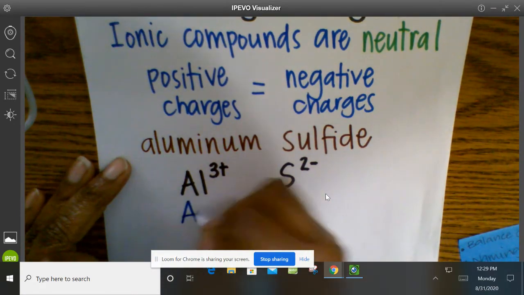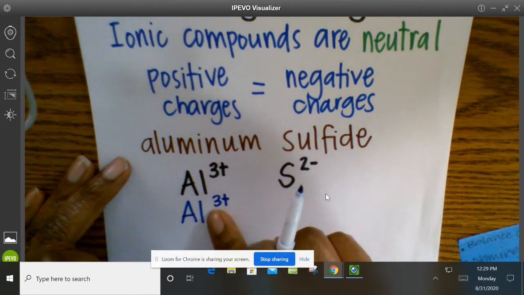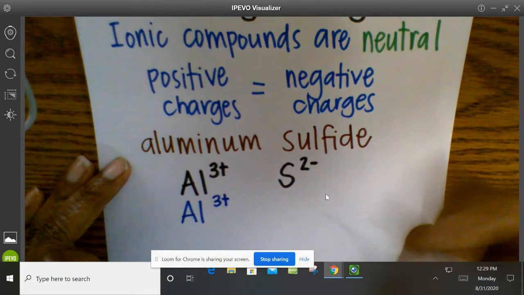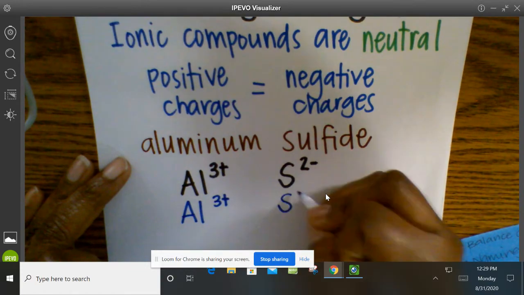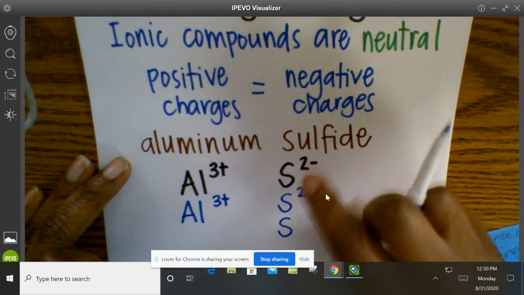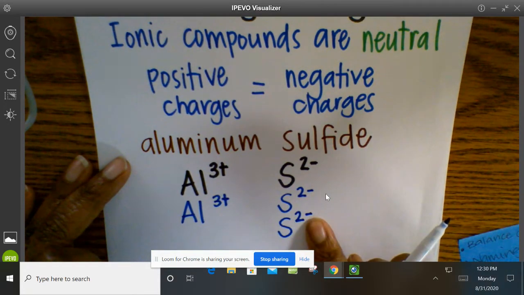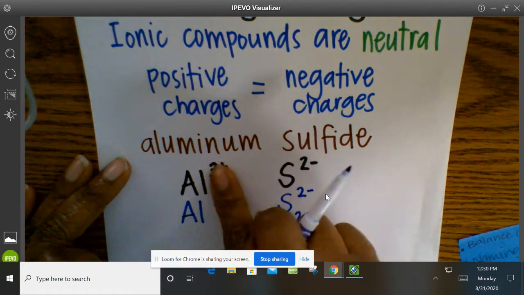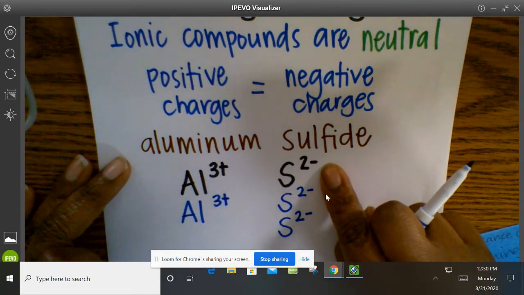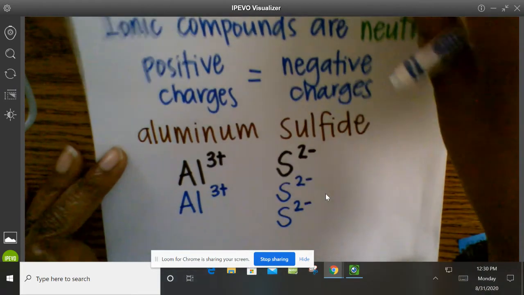If I add another aluminum that has a 3 plus charge, now on my positive side is 6. If I go with sulfur, and I add another sulfur, that would give me 4 negative. This gives me 2 negative, and now I have 6 negative. And if I take 6 positive and 6 negative, add them together, I get 0. So this is going to be neutral.